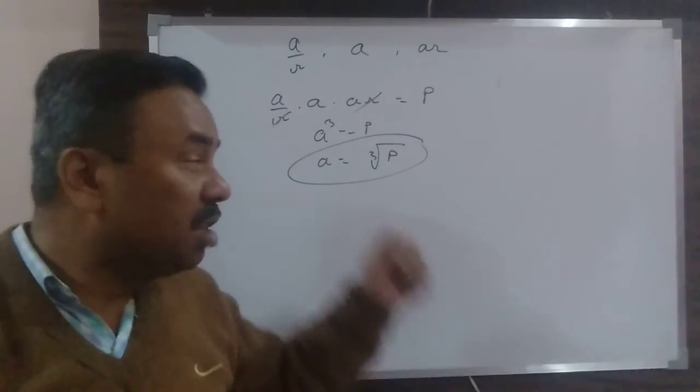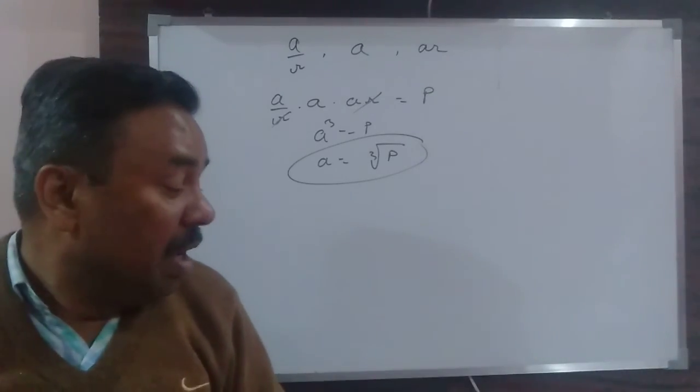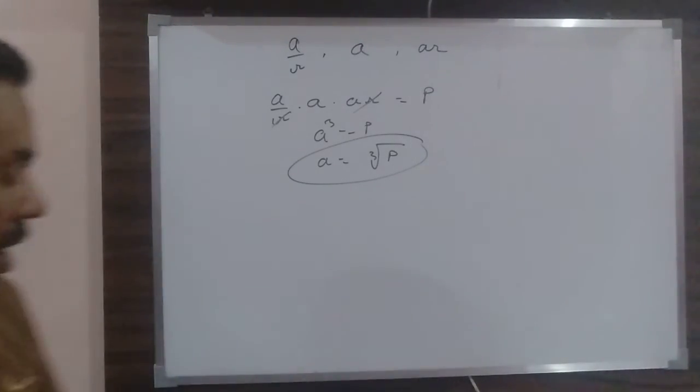Now you just put this value in the second equation and you can easily find out what the second variable is. Okay, so this is the basic trick that you have to use.